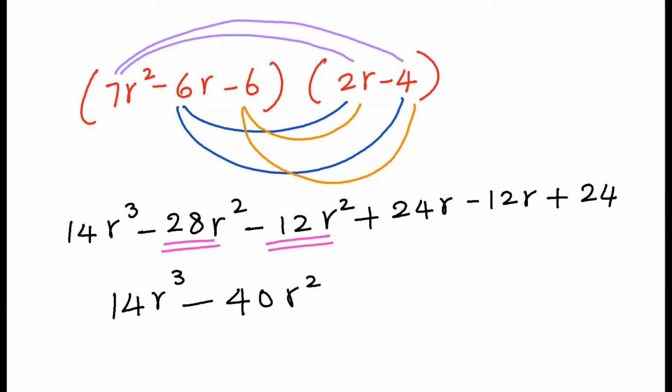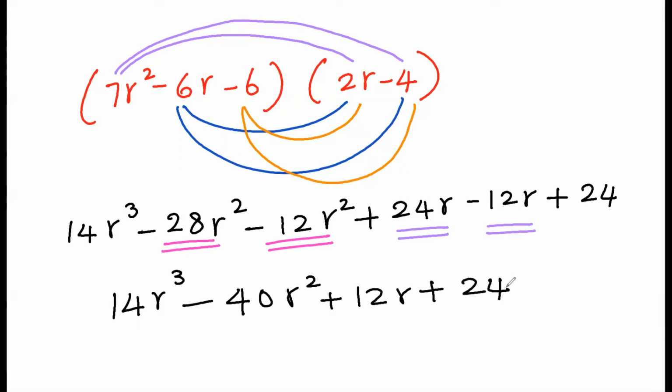Then I also see that there are two r terms. So I see 24r minus 12r. So 24r minus 12r is plus 12r plus 24, because there's only one constant.